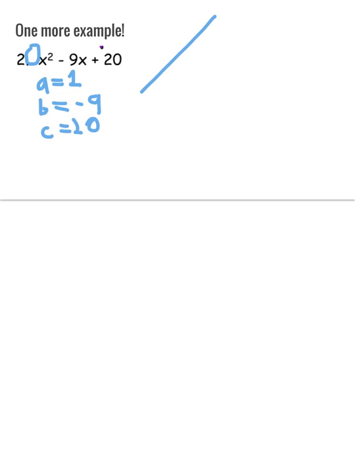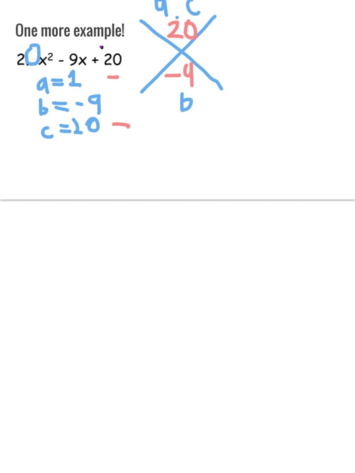So using the diamond method, on the top value, what do we put? We put the product of AC. A times C. And then on the bottom of the diamond, we just put the B value. So on our top value, A times C is just simply 20. And our B value is -9.